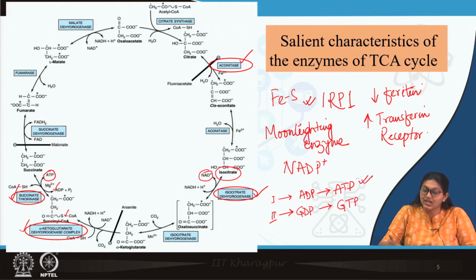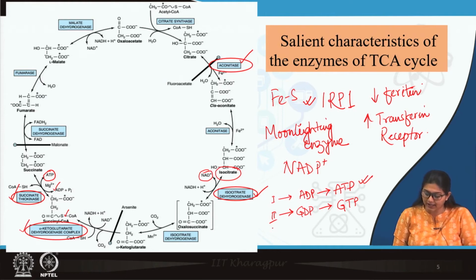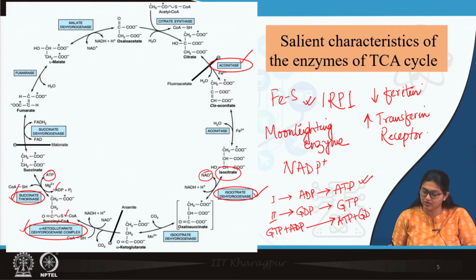It can be produced directly with the conversion of ADP to ATP, or even if there is formation of GDP to GTP, this GTP actually reacts with ADP to form ATP, and the GTP is converted to GDP.